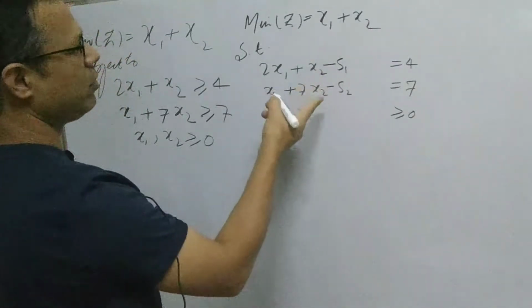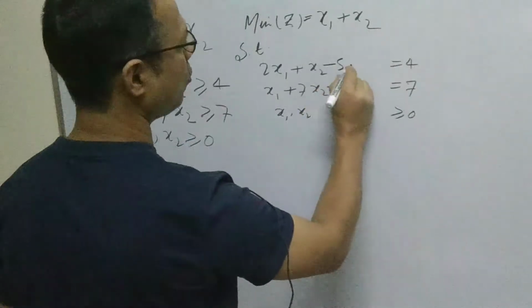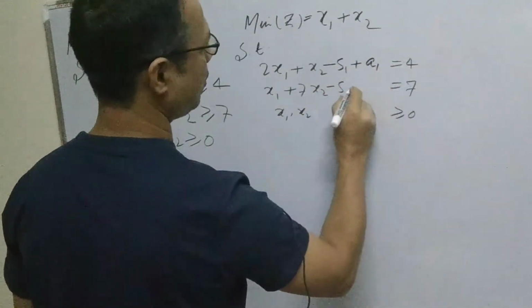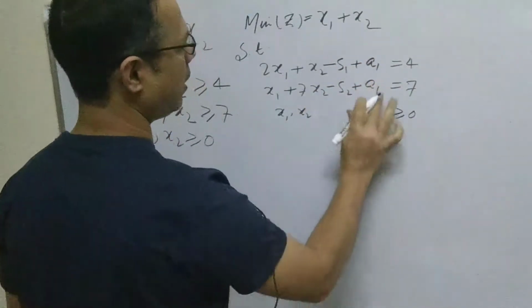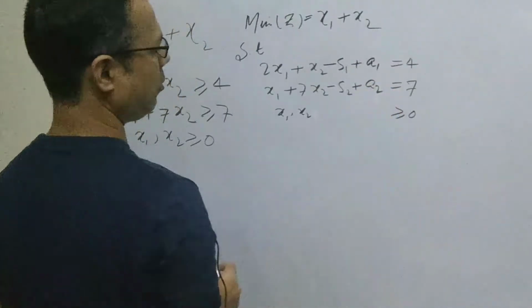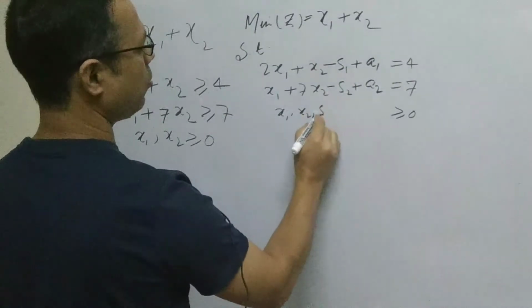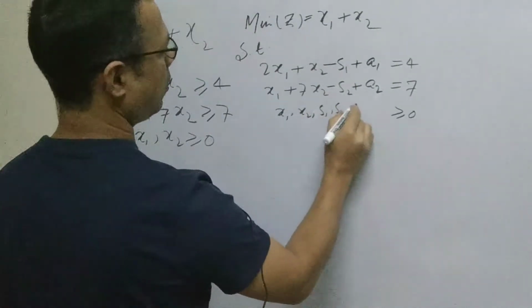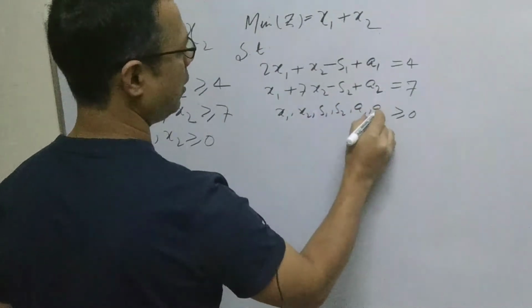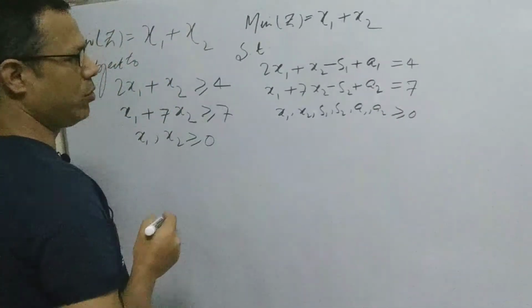Once we have introduced the negative slack variable, we have to introduce an artificial variable. So we have introduced the artificial variables a1 and a2 respectively. So the new variables introduced are s1, s2, a1, a2.